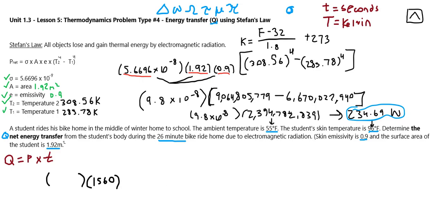Now we have to plug this into the equation, because it's P times T. We already did T earlier. We just did P, so 234.69.